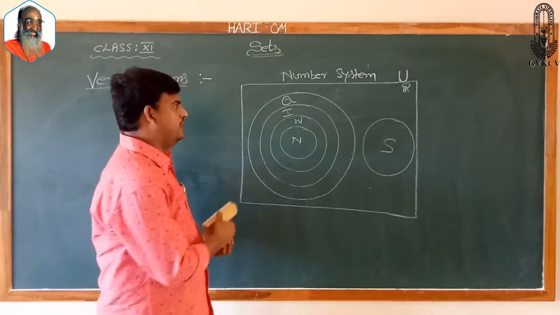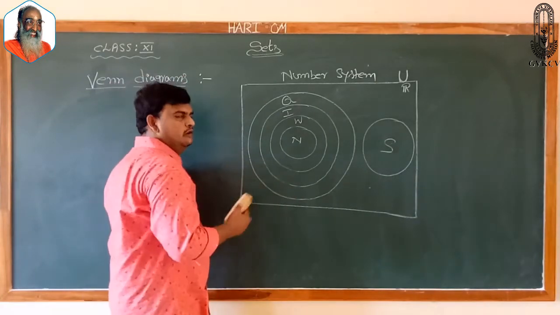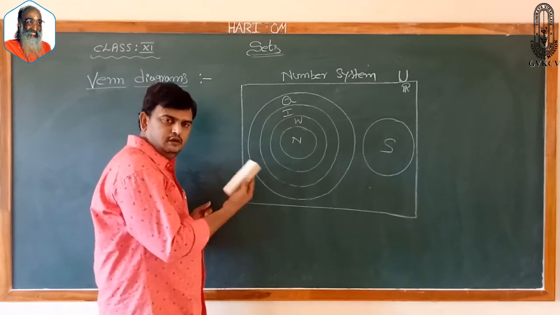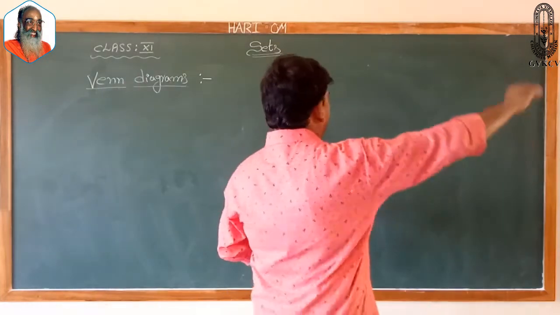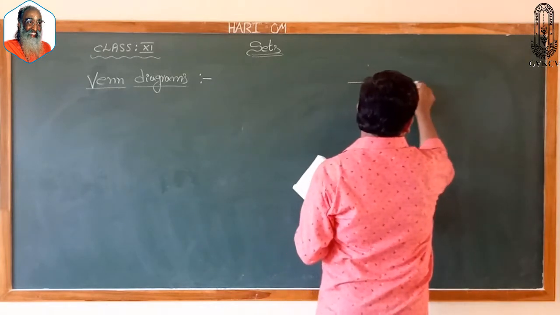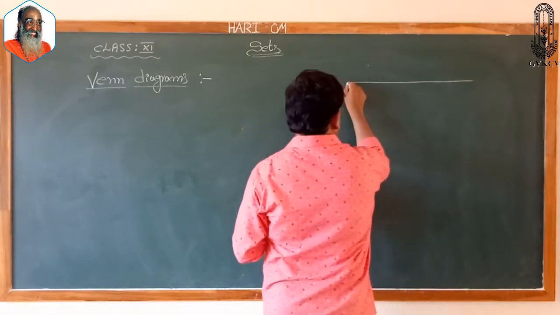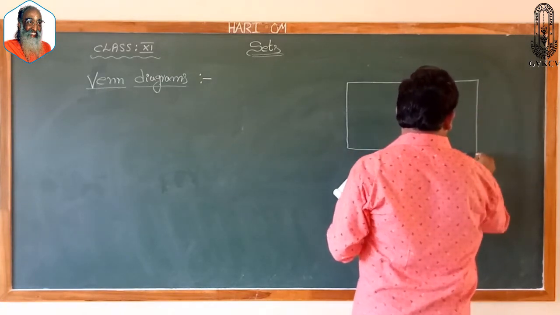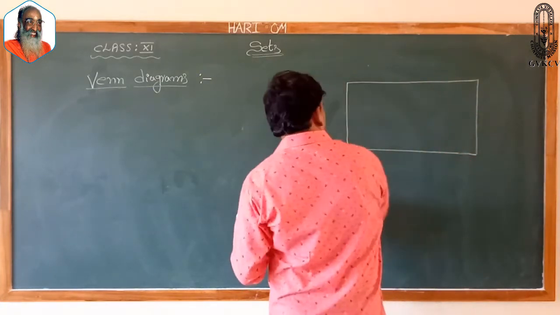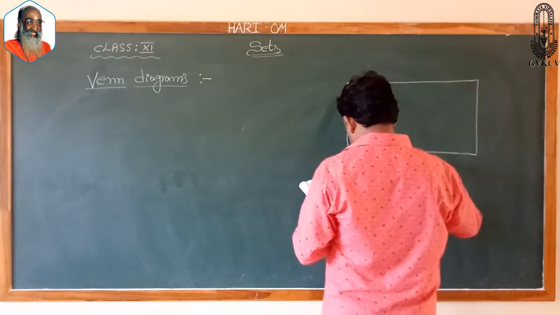Now let us see a few examples so that you can have more clarity on how to represent the sets in the form of Venn diagrams. Here we have one diagram, and one piece of information was given. Using this information also we can identify the sets.